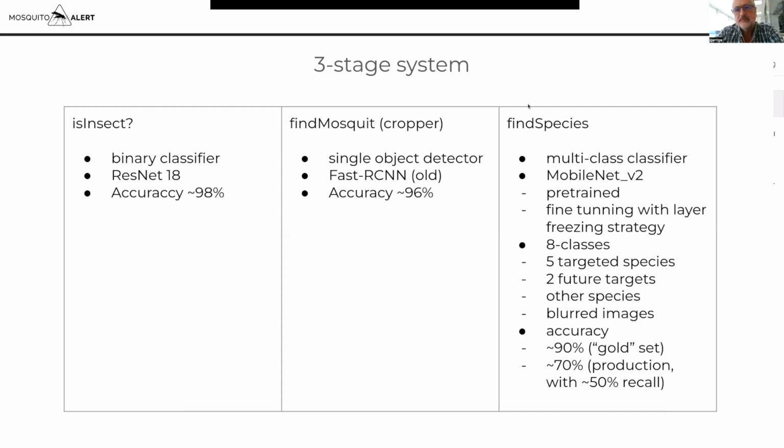And then we have the find species filter. This is a multi-class classifier. It is based on a pre-trained MobileNet. We use transfer learning here, and we fine-tune it with a strategy for layer freezing and unfreezing, because the MobileNet V2 is pre-trained on a standard image dataset like ImageNet or CocoNet.